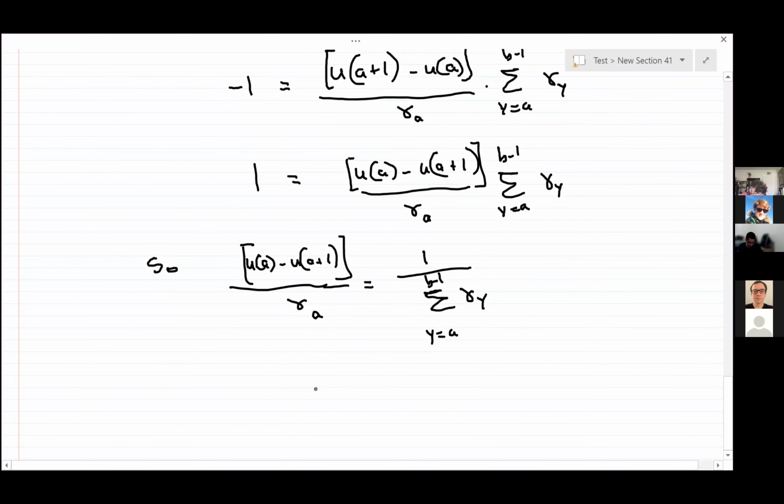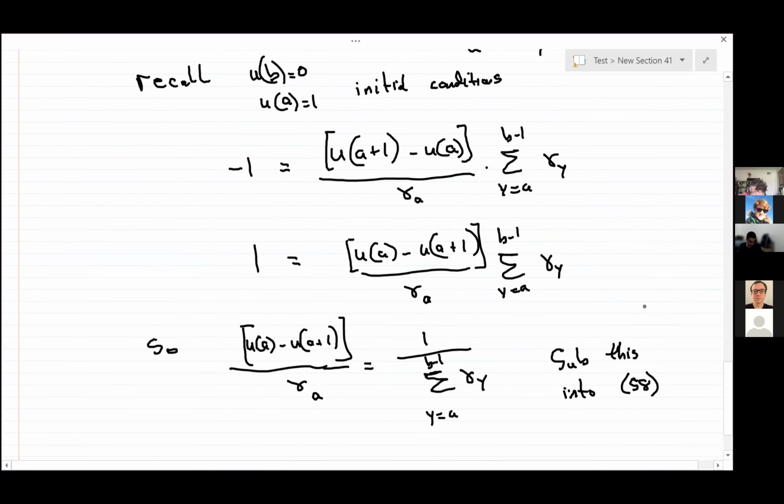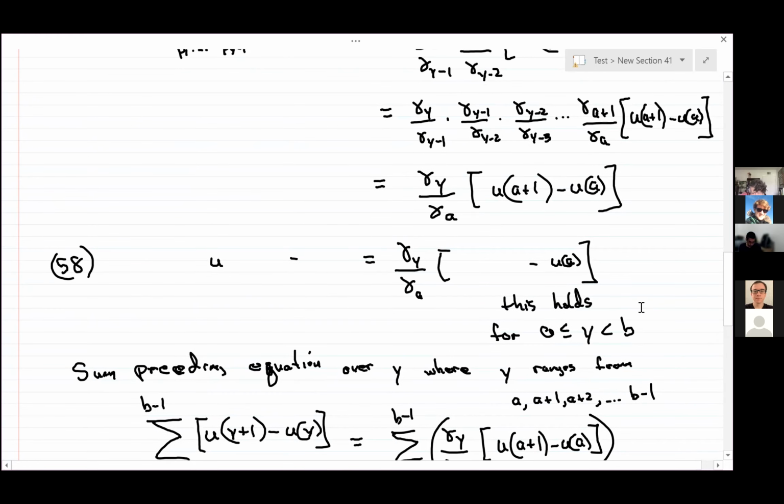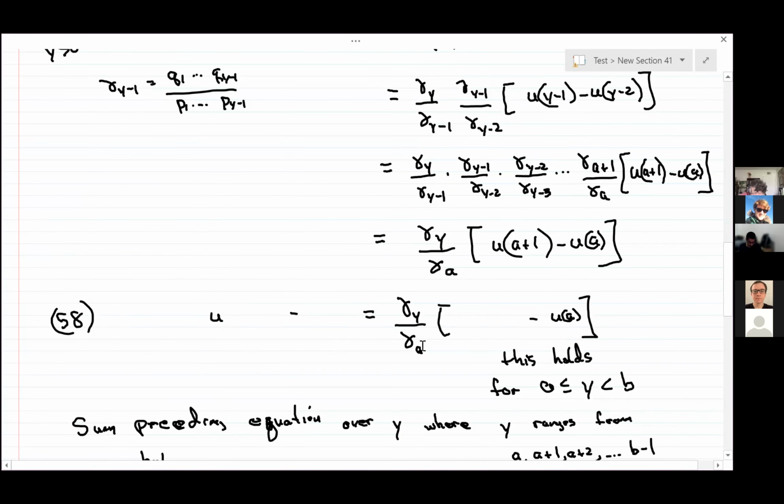Okay, so we get this fact, and now they say go back to equation 58 and substitute this in. Well, hopefully I've got 58 labeled somewhere here. There it is. Oh, but it got damaged. Oh, sad.